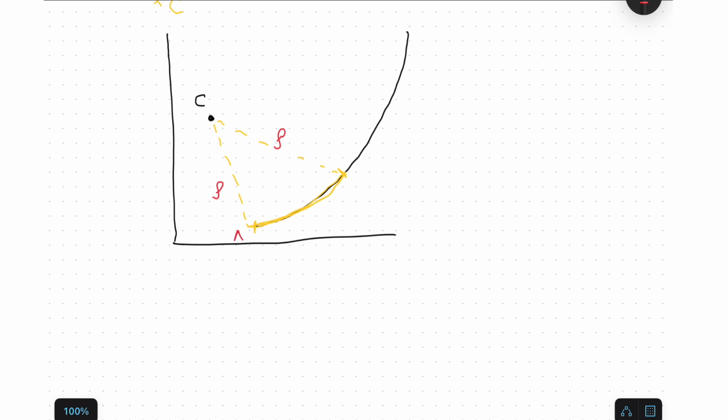Suppose my car is here, and after some time it moves to the new place A dash.